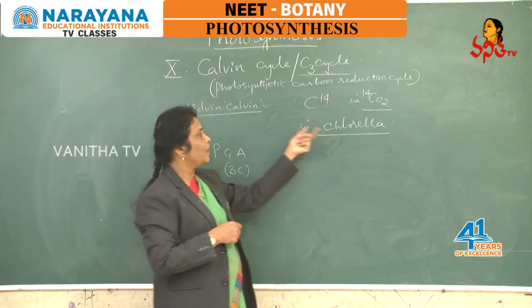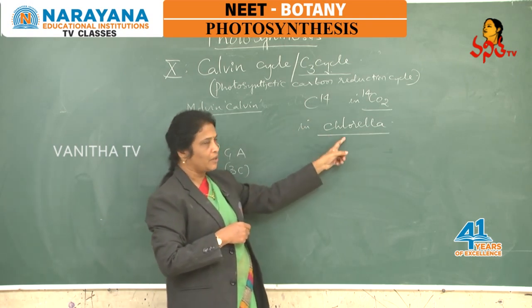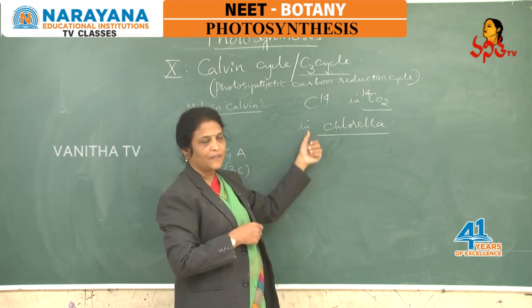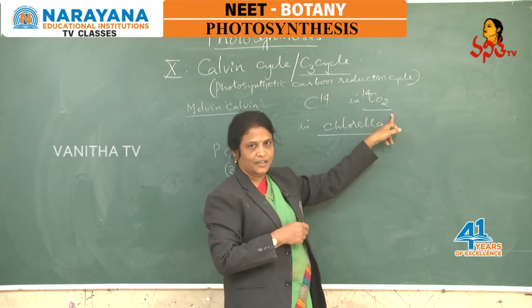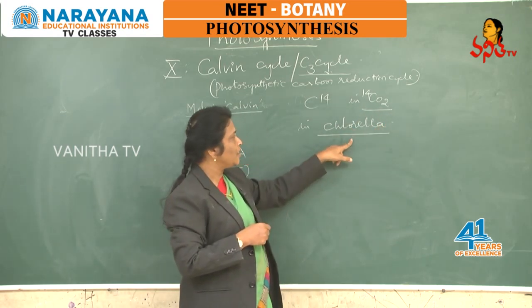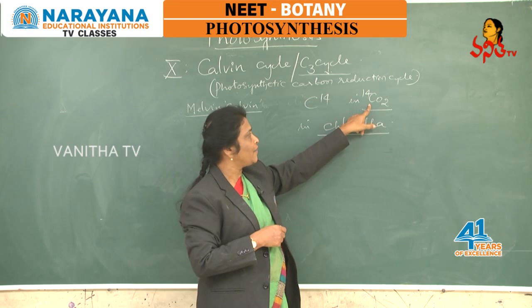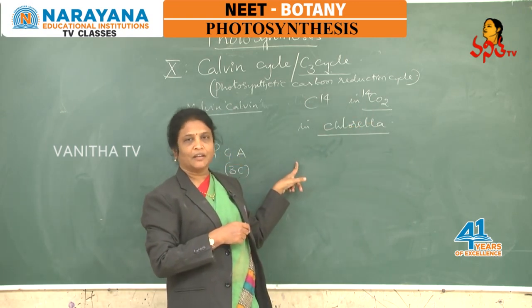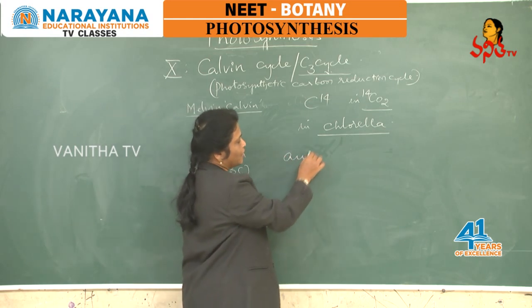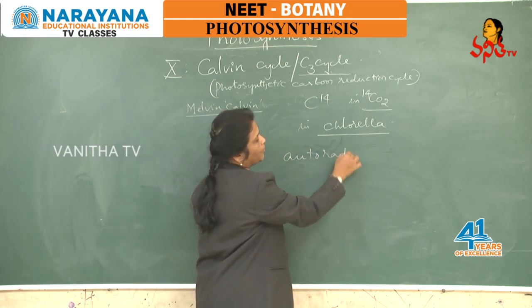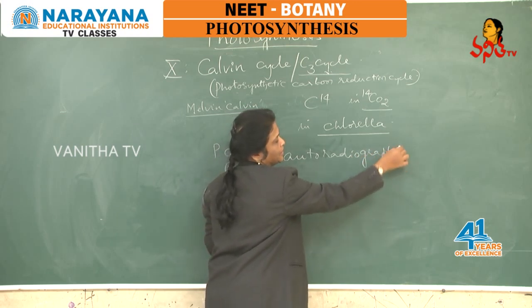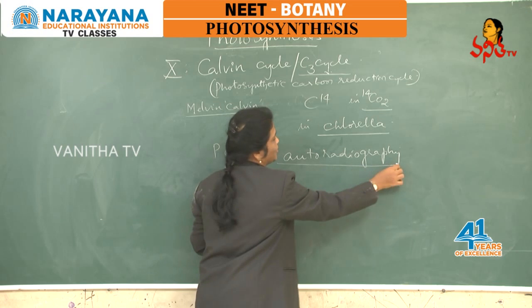Here Calvin used chlorella cells to trace out this pathway while using an isotope, that is C14 fed to carbon dioxide. That means he fed chlorella cells with carbon dioxide having the C14 isotope and followed a tracer technique, that is autoradiography, to trace out the biochemical reactions that occur during the C3 cycle or Calvin cycle reactions.